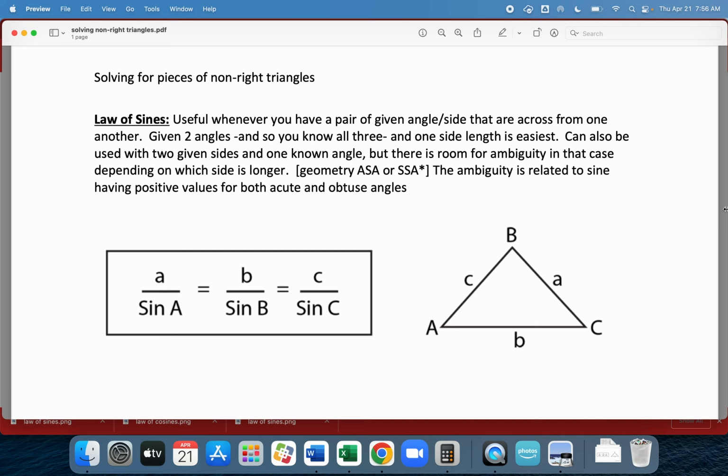If I do that, I have side C over sine of angle C and side A over sine of angle A that have to be equal. Or in other words, I just took this nice sort of looking thing and turned it into a proportion. The proportion is not a solved form of an equation, but it's succinct, it's compact.